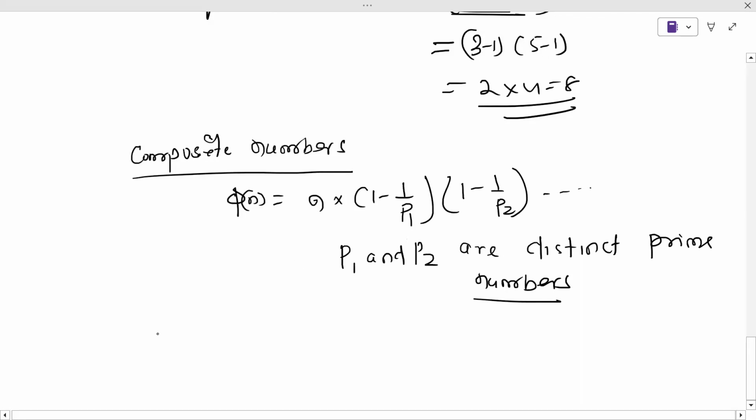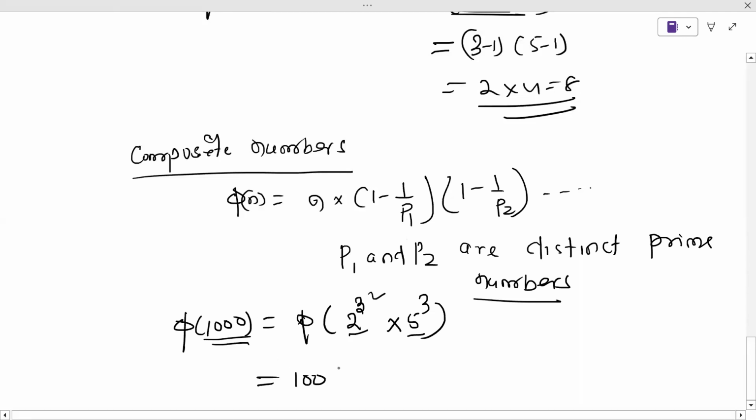Just one example we consider, phi 1000. 1000 can be written as 2 cube into 5 cube. Check here, 2 and 5 are the two distinct prime numbers. Then define what is n here. n is 1000.